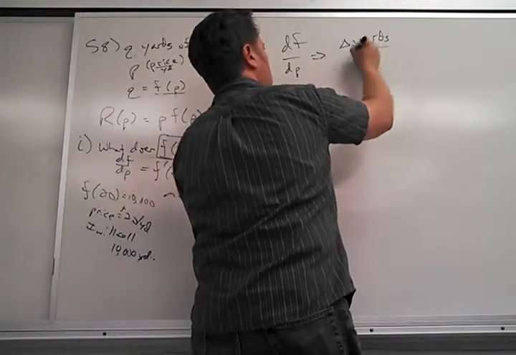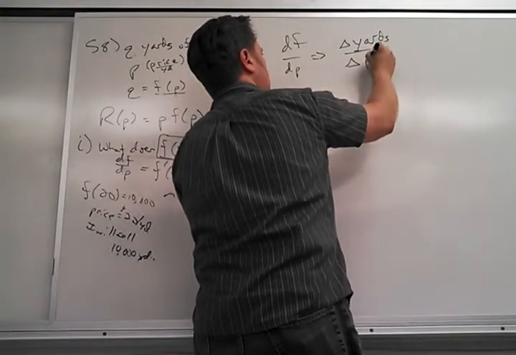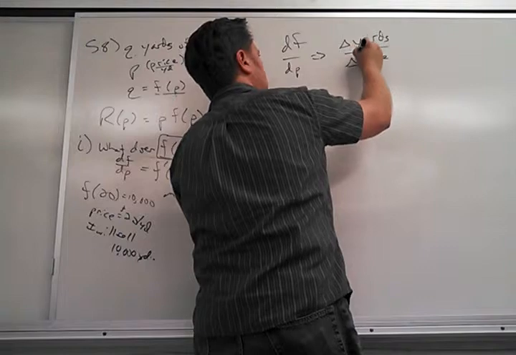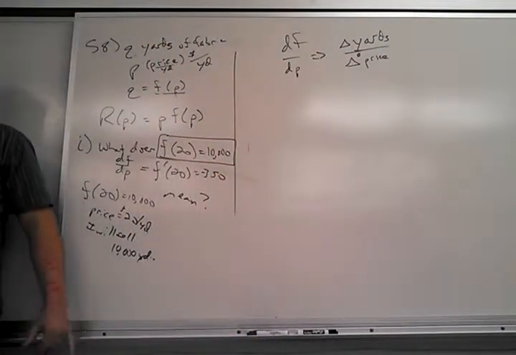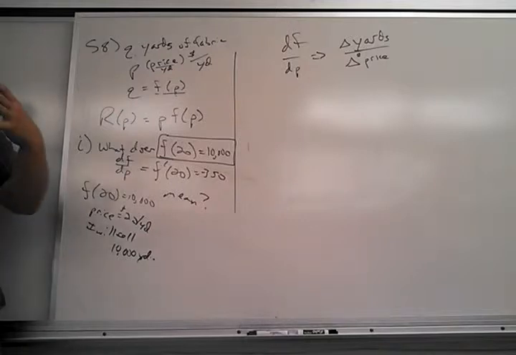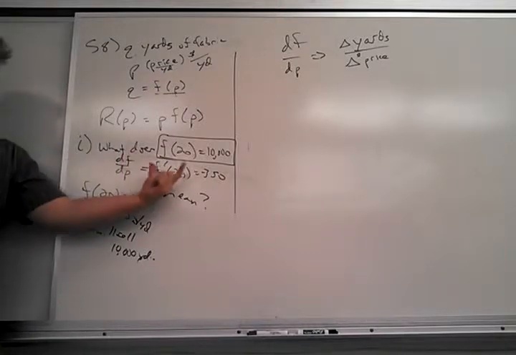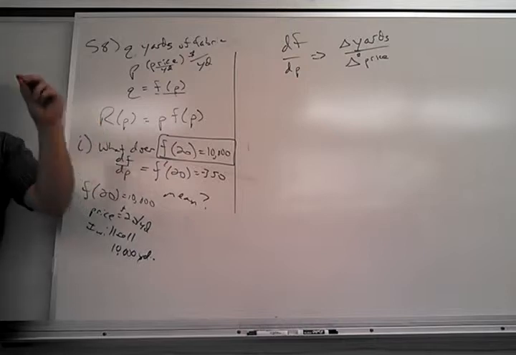So it's the change in yards for every change in price. This is dollars, and this is obviously yards. So it tells me if I change my price by so much, the equivalent change in yards that I would get. Is that cool?